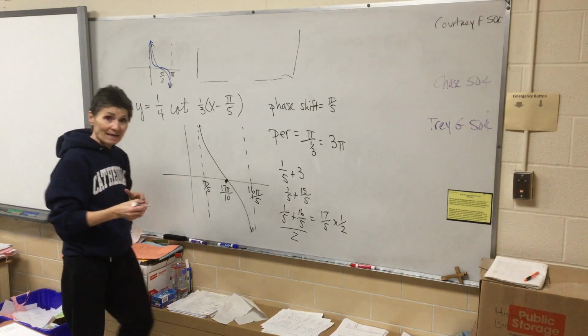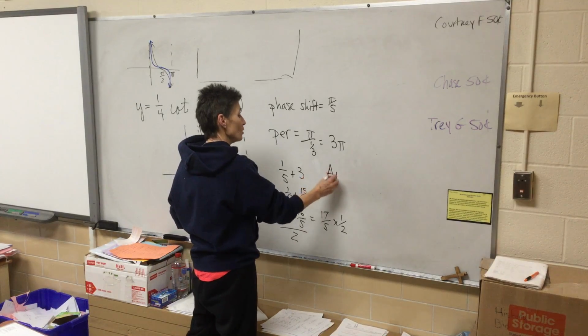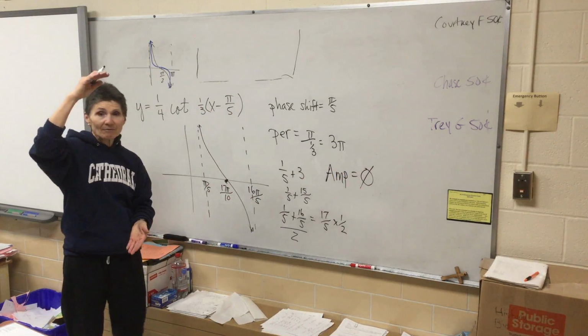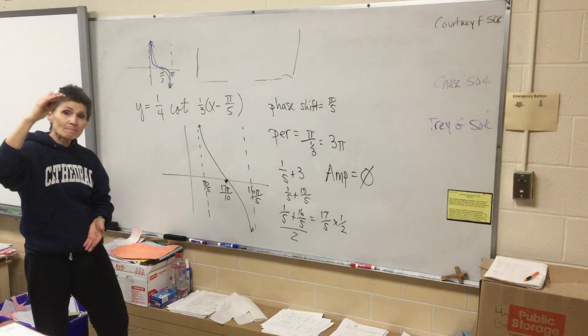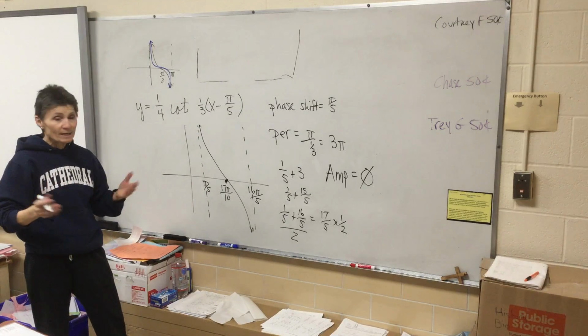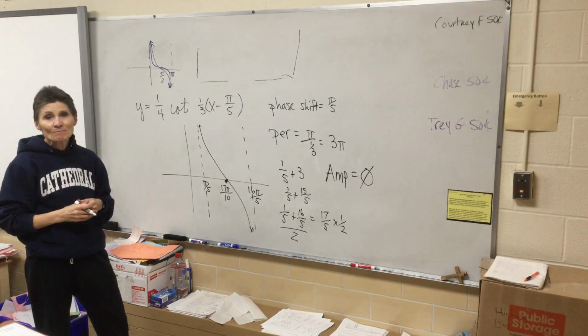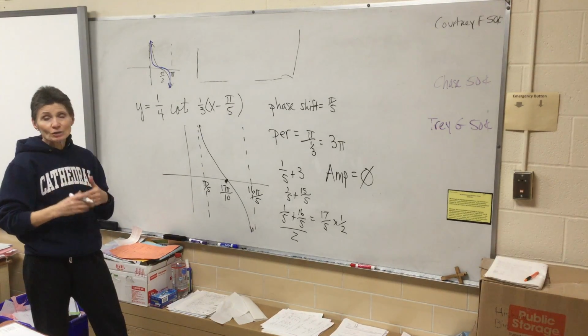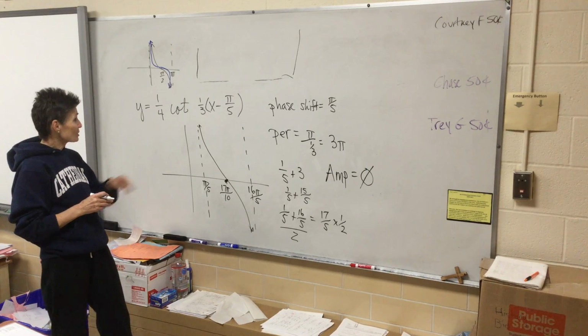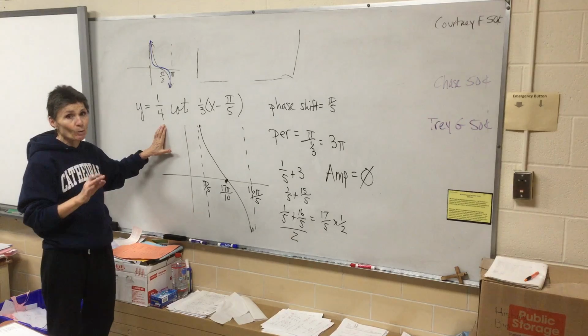But in terms of amplitude, cotangents don't have any. Amplitude is half the distance from the top to the bottom, and there is no top or bottom in a cotangent or a tangent or a secant or a cosecant. The only functions that actually have amplitude are sines and cosines. So I'm not saying that number has no impact.